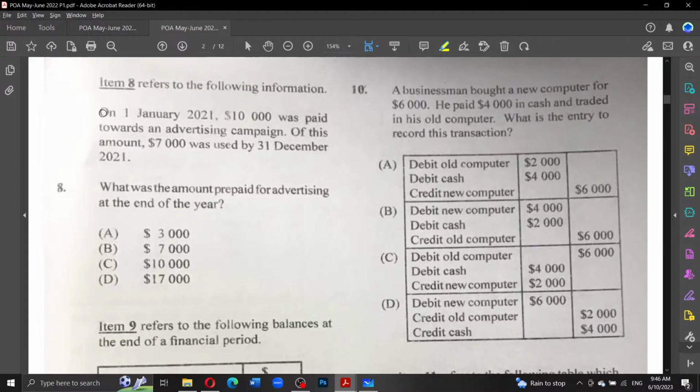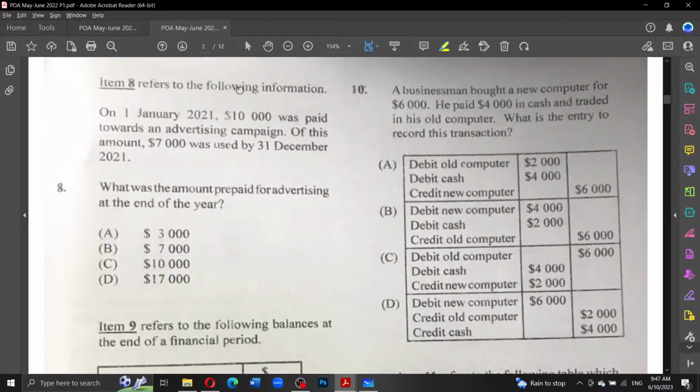Moving on to item 8. On 4th January 2021, $10,000 was paid towards an advertising campaign. Of this amount, $7,000 was used by 31st December 2021. What was the amount prepaid for the advertising at the end of the year?